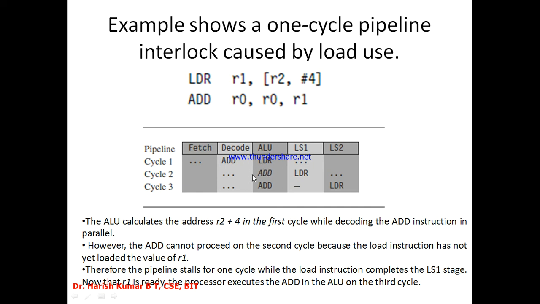The designated clock cycle for the add instruction to execute was cycle 2, but it is not possible, because R1 is not available, and R1 is available only after the third clock cycle. So in the third clock cycle it is executing. And why a dash here? Because add is a data processing instruction, and this stage is bypassed. It is not required for this.